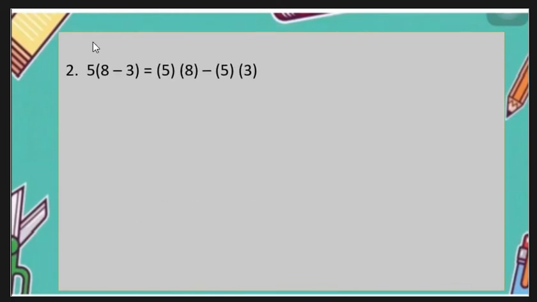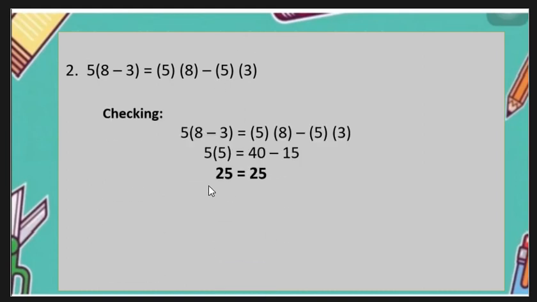In difference, for example, we have 5 times the quantity of 8 minus 3. Distribute 5 times 8. Okay, we have 5 times 8 minus, since we have the operation of subtraction, 5 times 3. Let's check. So we bring down 5, then subtract the numbers in the parentheses.